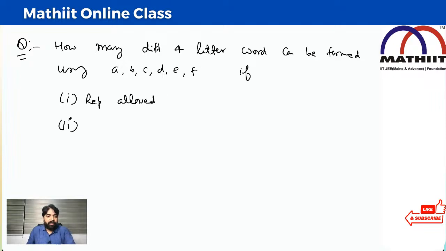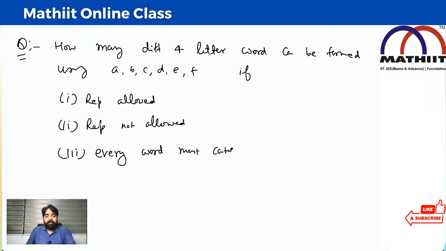Second bit, repetition not allowed. Third bit, every word must contain the letter A, in this case repetition not allowed.